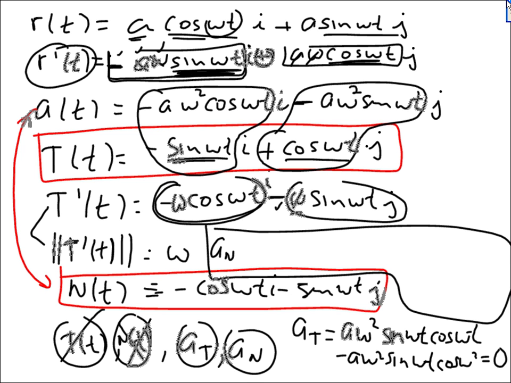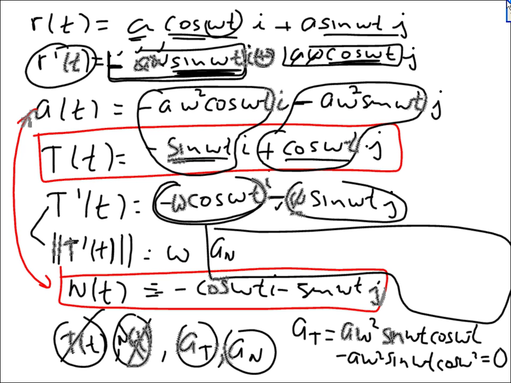Negative times a negative is a positive. I get a omega squared. And I get cosine omega t times cosine omega t, which is cosine squared omega t.